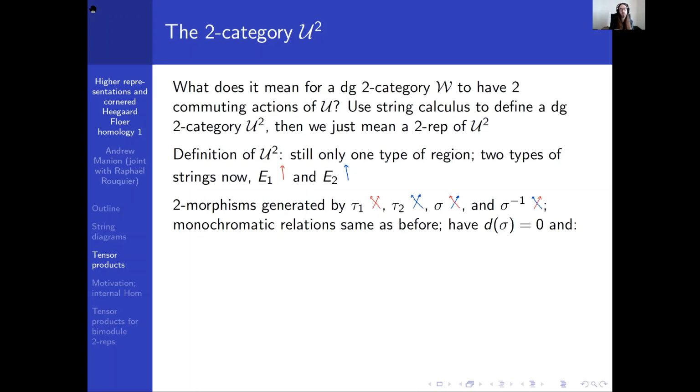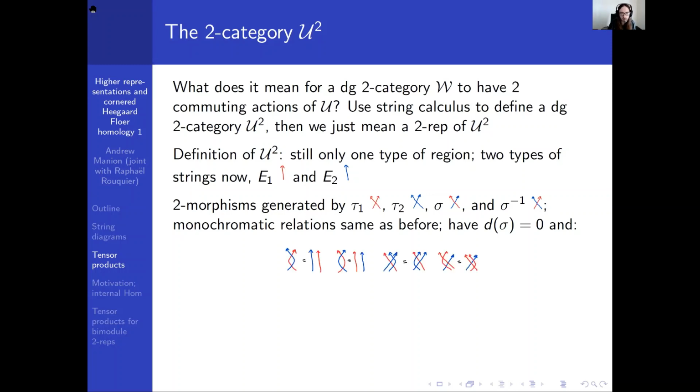And the extra thing I'm going to put in is I'm going to enforce commutativity by putting in an isomorphism, let's say sigma, between E2 E1 and E1 E2. So if I want, I can put in sigma and its inverse and then require them to satisfy these relations. And well, the invertibility relations.